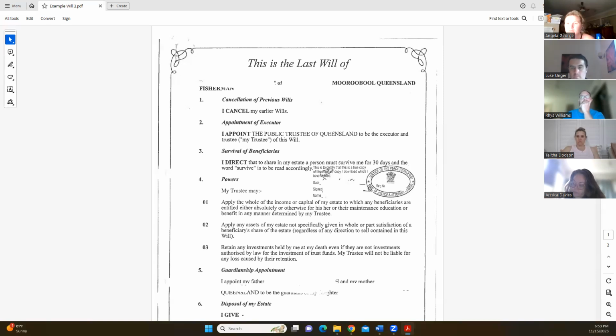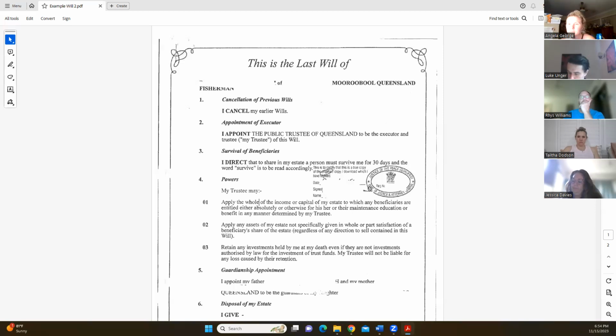What normally happens as part of the estate planning process, when this person prepared this will, is they would have sat down with their solicitor or the public trustee officer and made a list and gone through and reviewed all of the assets that would form part of their estate.